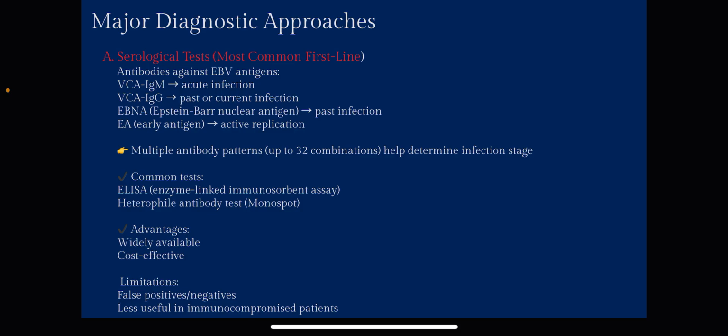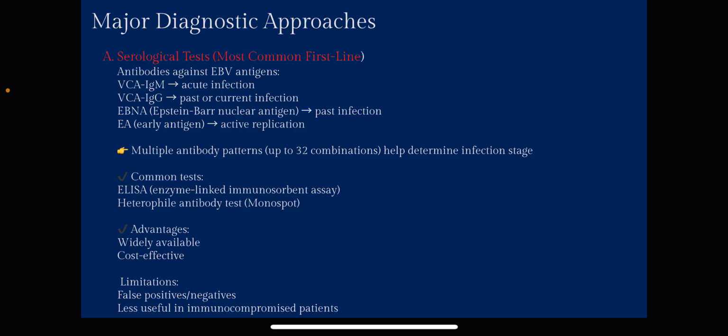The viral capsid antigen IgM is seen in acute infection, and viral capsid antigen IgG is seen in past or current infection. The Epstein-Barr viral nuclear antigen is indicative of past infection, and early antigen is indicative of active replication.